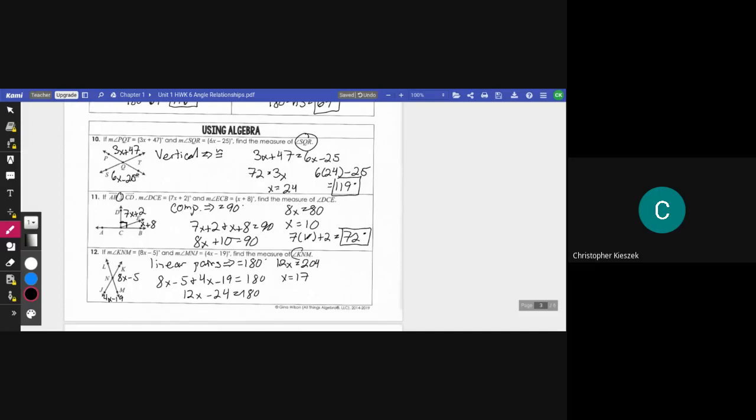They want KNM, so plug that in. 8 times 17 minus 5 is going to give me 131 degrees.